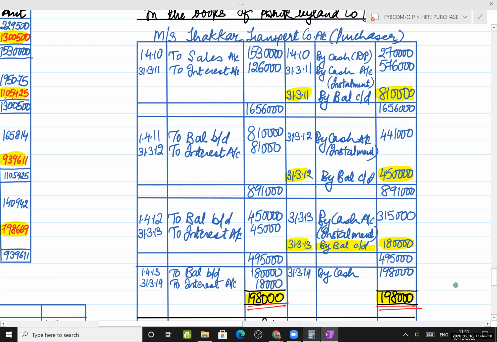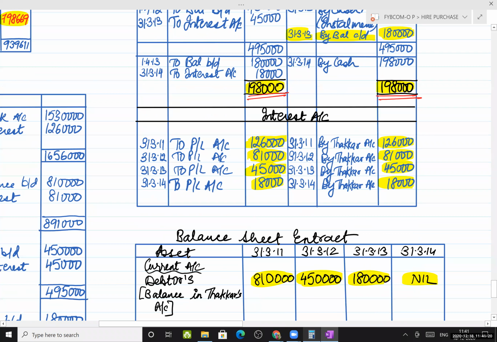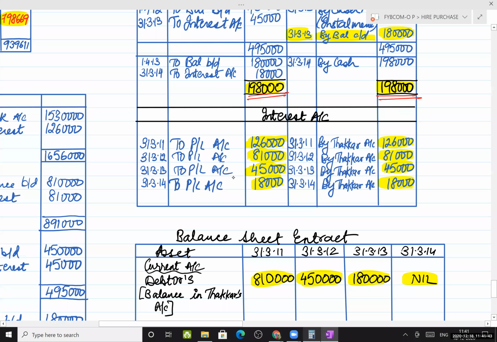That means that account will tally for that year. Then the interest account from the point of view of the seller. So see, every ledger is tallying.